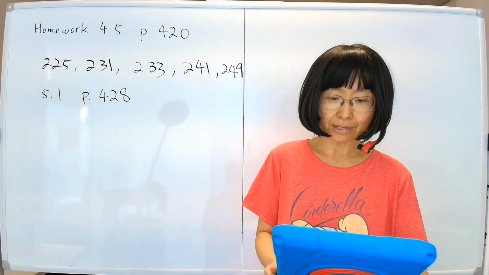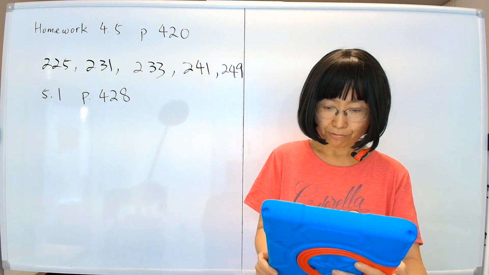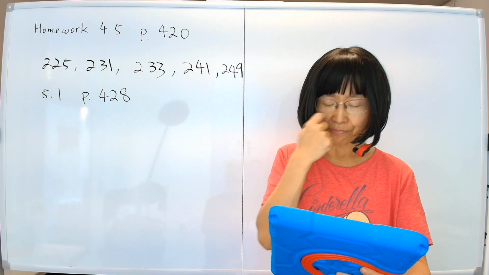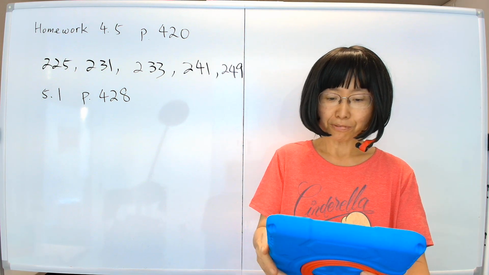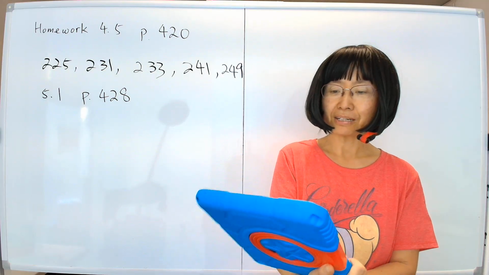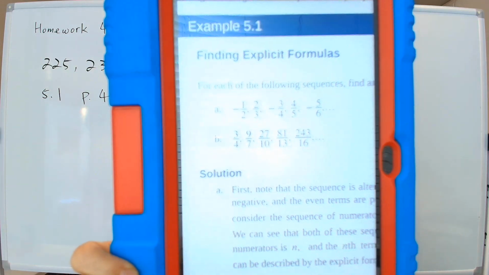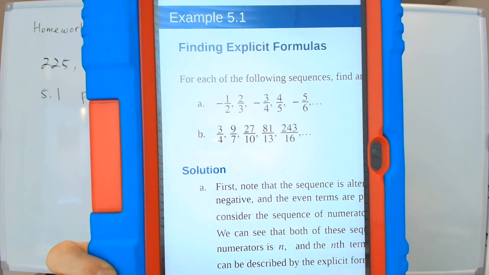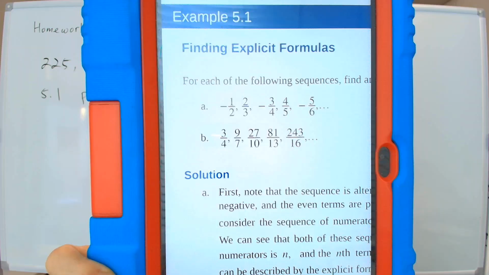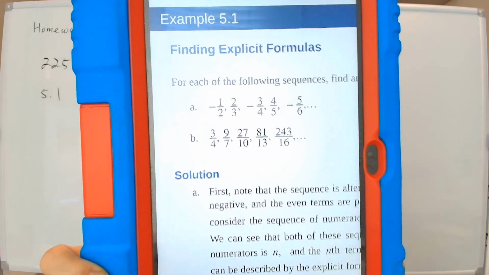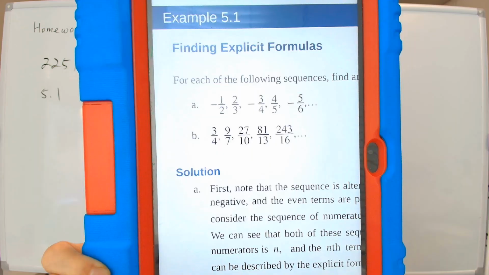So let's look at example 5.1. You have a bunch of sequences, and what would the formula be? Look at part A. What is A of n? The numerator is just n: 1, 2, 3, 4, 5. On the bottom it's a little bit different.